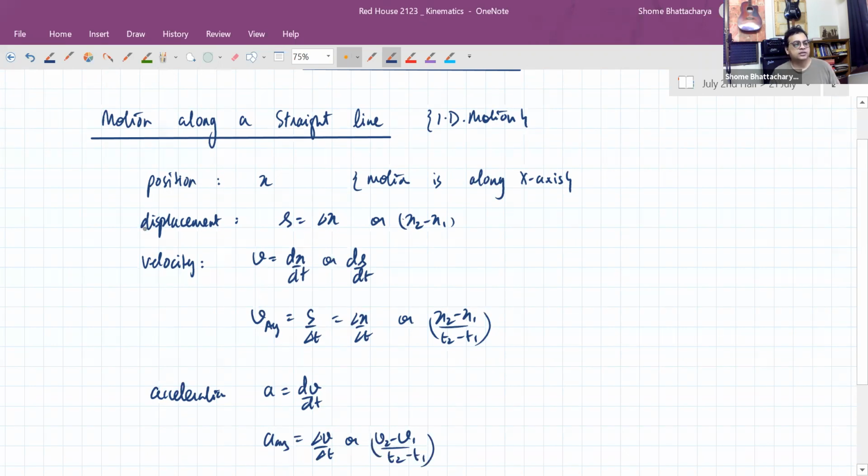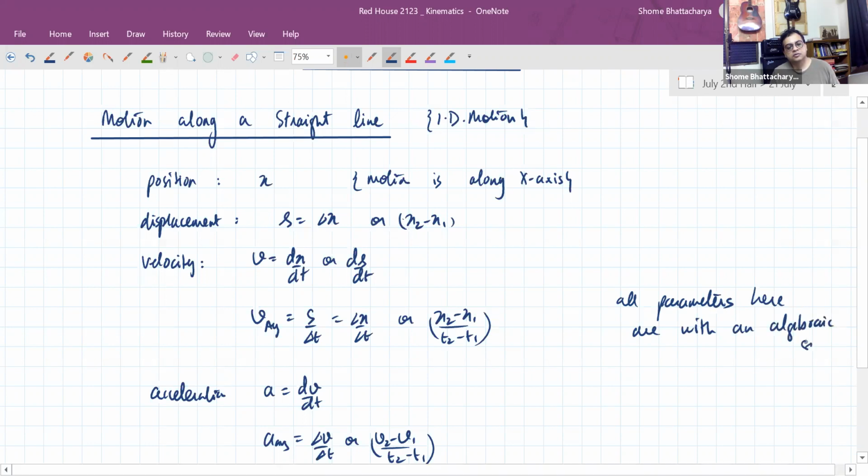But before that, we understand that all these quantities, all parameters here are with an algebraic sign, that is positive or negative, which indicates the direction.